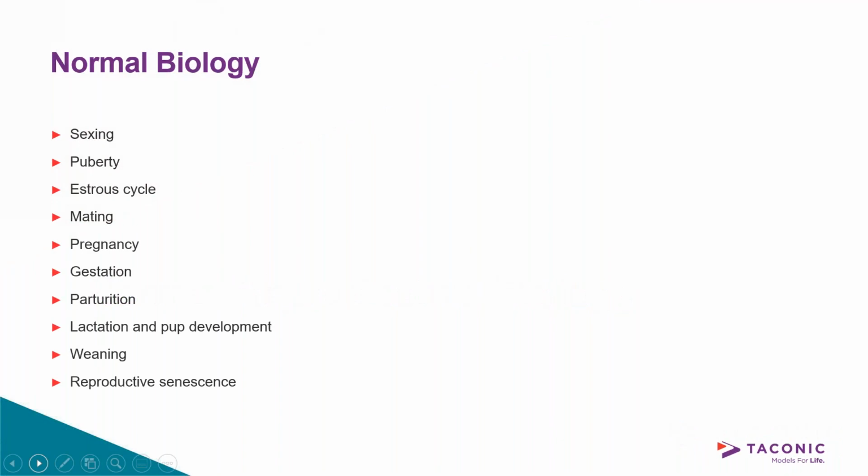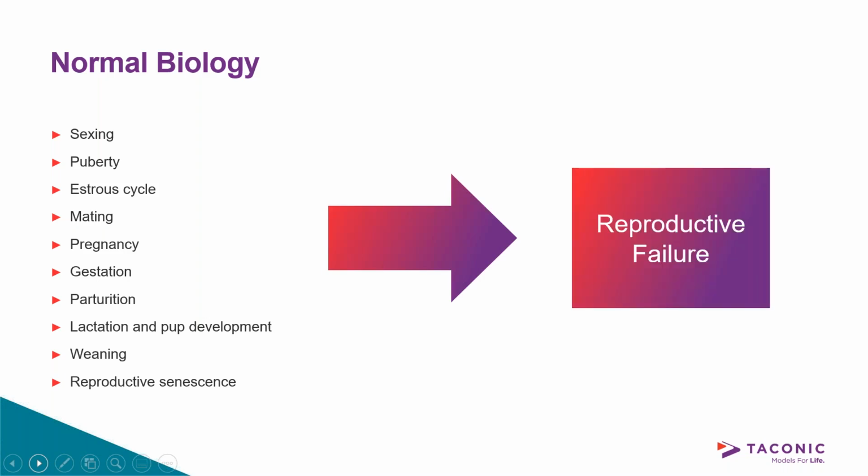What I'll cover is everything from sexing the animals, being able to tell male from female, through puberty, pregnancy and weaning, and then also, as I touched on a little earlier, reproductive senescence and knowing when you need to turn over breeders within your colony. We need to know these because if any of these deviate, that's when we can start to see reproductive failure within our colony.